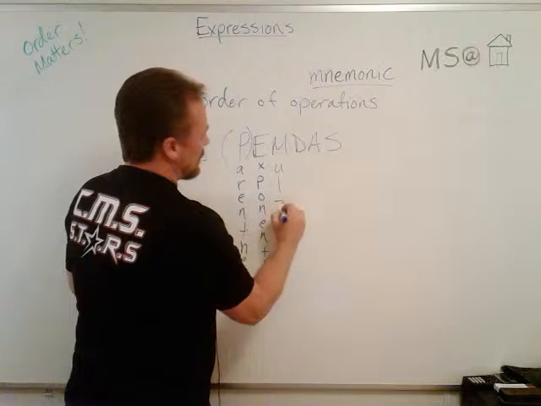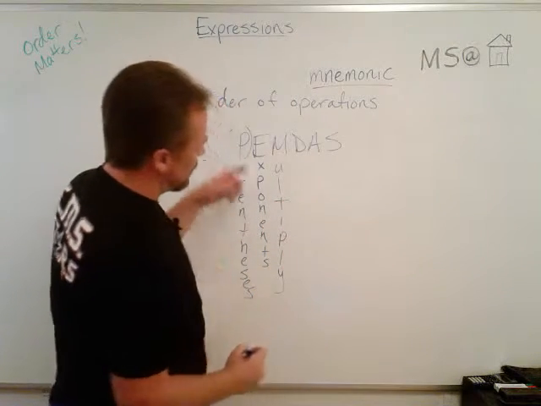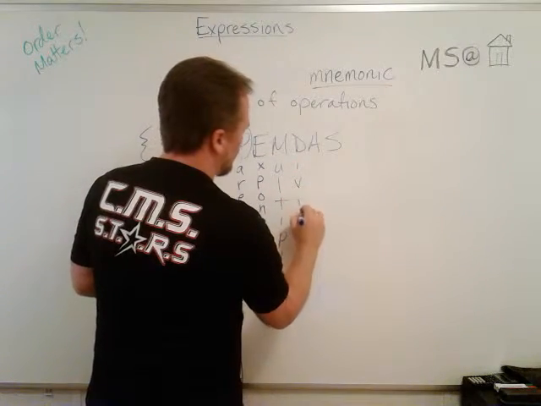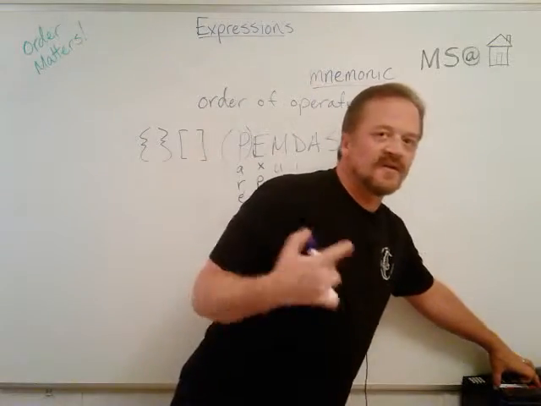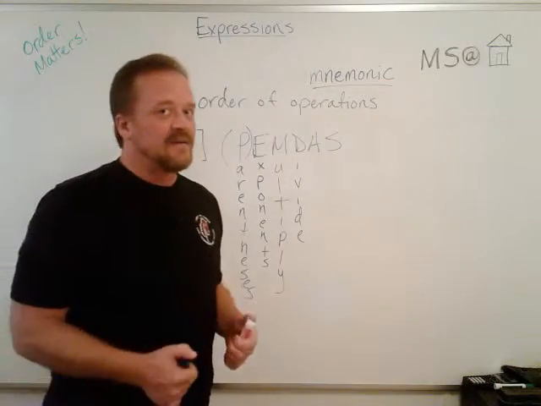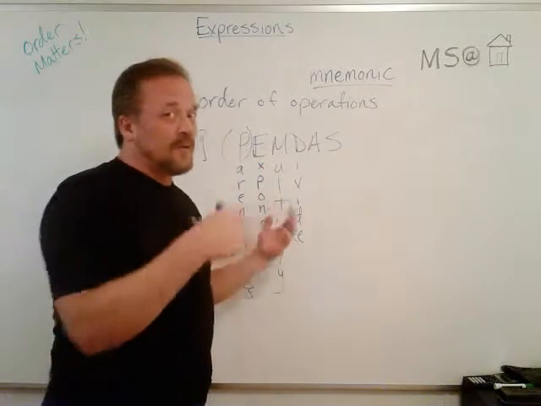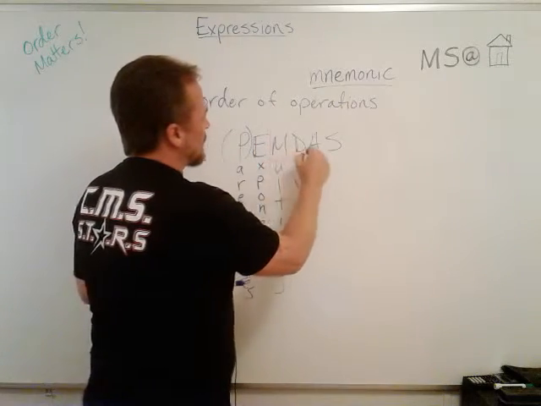This means to multiply and divide. But here's the thing. Let's say you have an expression with both multiplication and division in it. You're not going to do multiplication necessarily first before you get to division. You're actually going to do both of these at the same time.